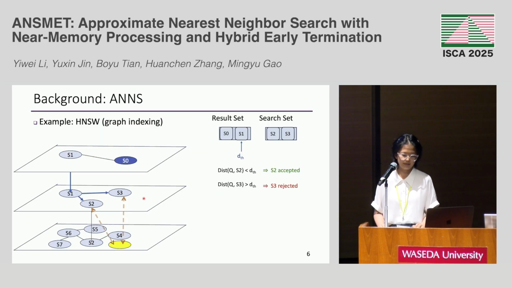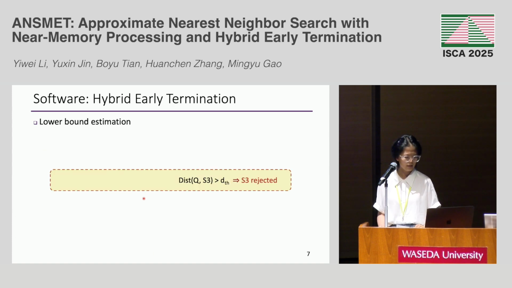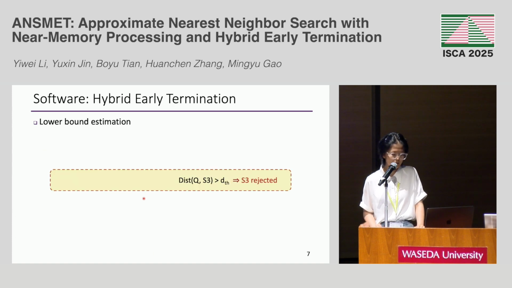Recalling the ANS demonstration, when traversing the neighbors of S1 and computing their distances, the distance between S2 and the query vector is smaller than the threshold and is finally accepted. But for S3, the distance is larger than the threshold, so it gets rejected. So an idea came to us. What if we add an intermediate between the real distance and the threshold?